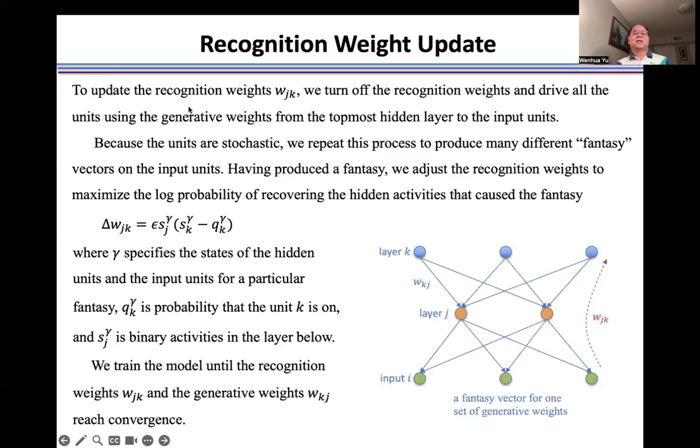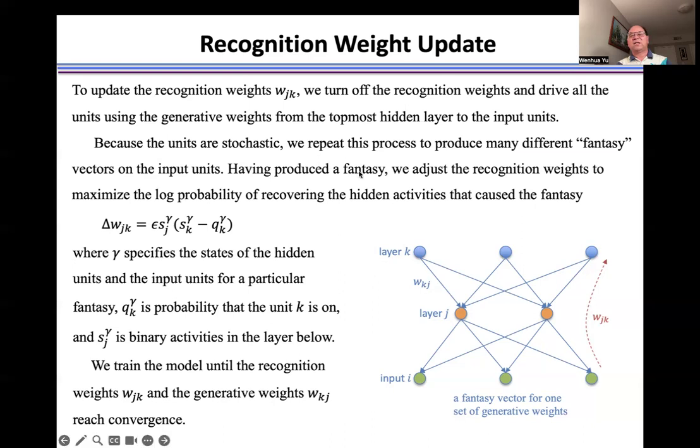To update the recognition weights w_JK, we turn off the recognition weights and drive all units using the generative weights from the topmost hidden layer to the input units. Because the units are stochastic, we repeat this procedure to produce many different fantasy vectors on the input units.